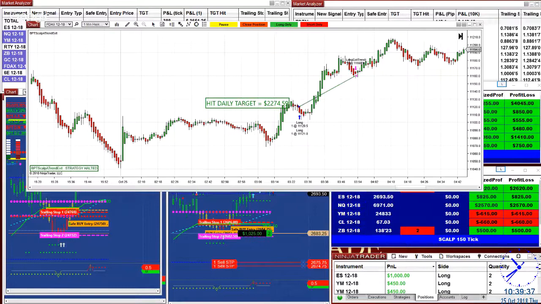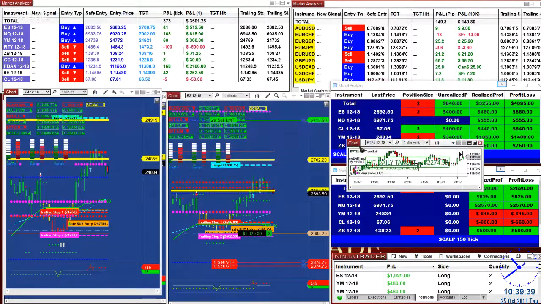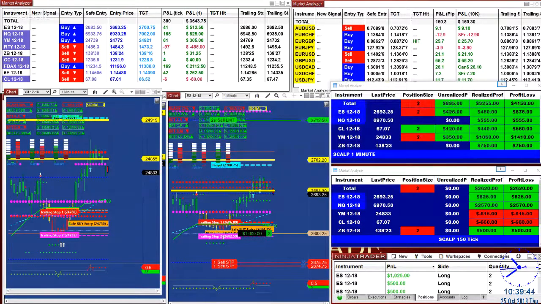So on the DAX, I like the 1 minute because it's a cheaper trade and it is very consistent. There is no new signal right now.